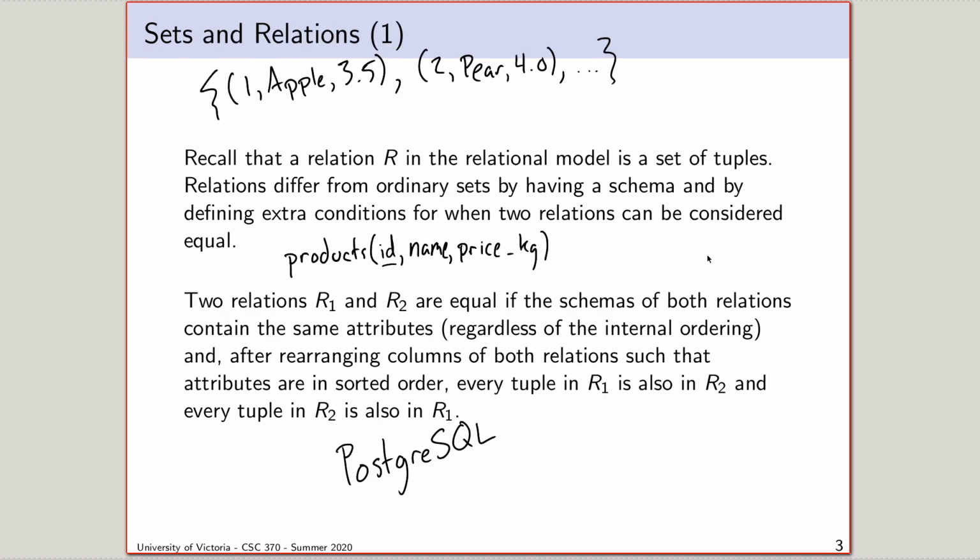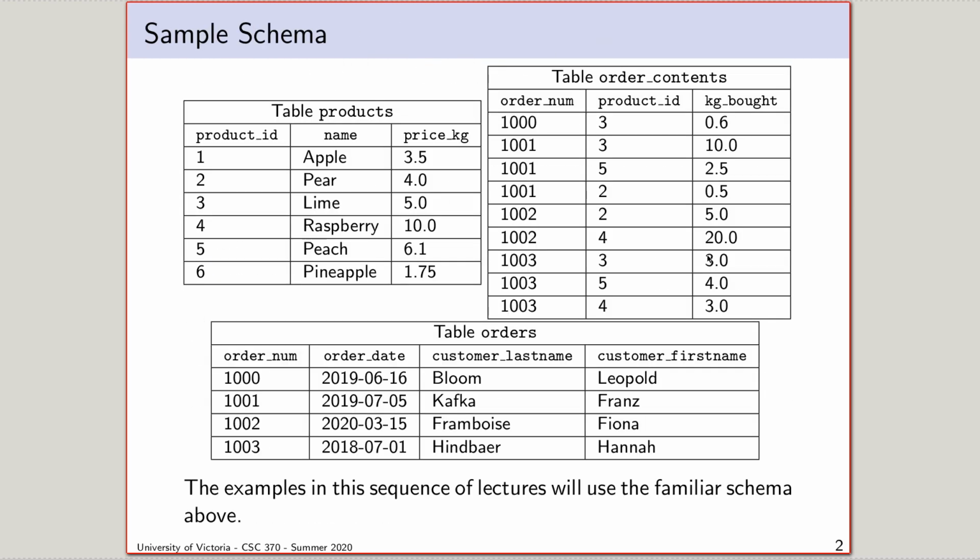In my earlier example, I might say that I have my products table. I would like a brand new relation that contains only these two columns, product ID and name. What I'm doing, therefore, is taking a projection of the products table. I am excluding certain columns from my result. So the projection operator in this case, what I would probably write is pi of, and as a subscript to the pi operator, you list the columns you want to keep.